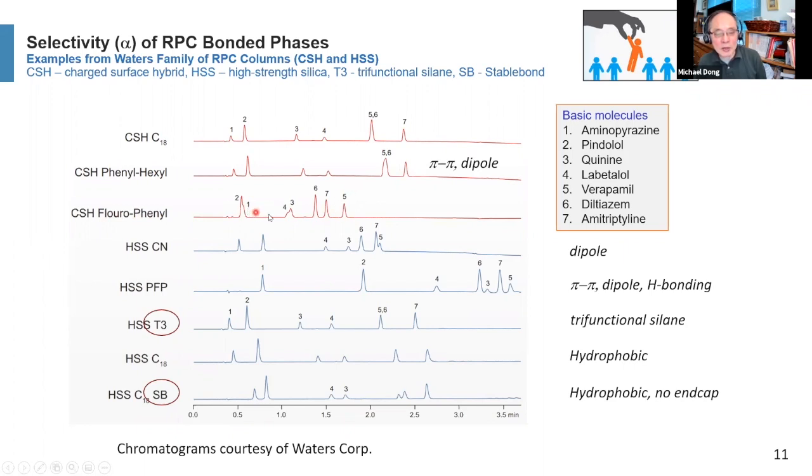You can see 1, 2, 3, 4, 5, 6, 7. Cyano is very similar. PFP, pentafluorophenyl, is also very different. This one looks a little better than the CSH. This is T3. You can see very similar.